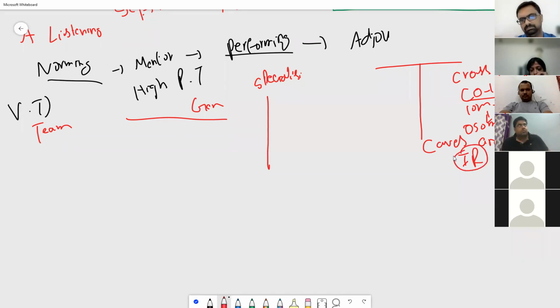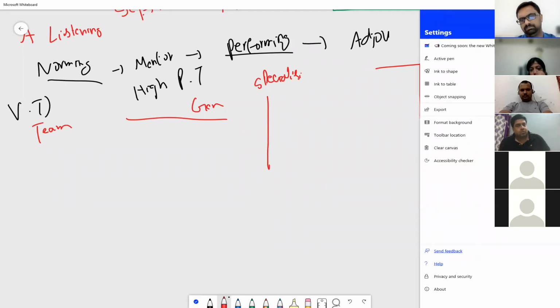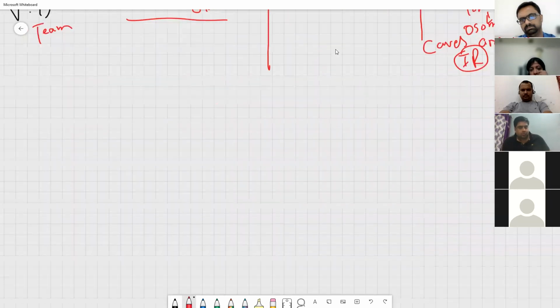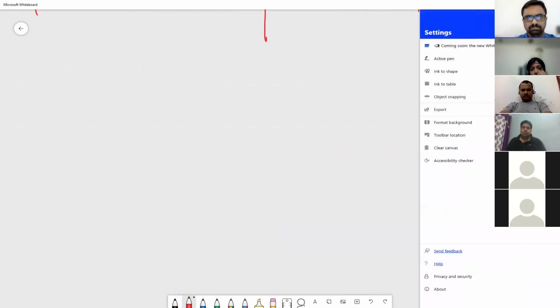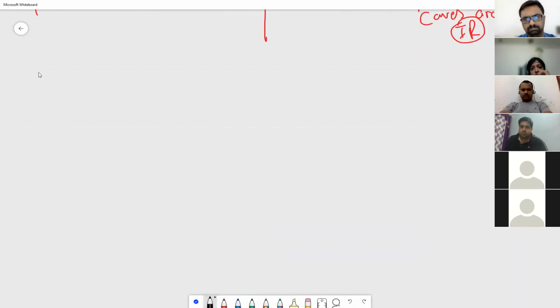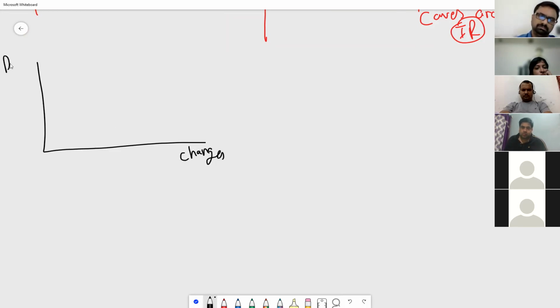Okay, so let's talk a little bit more about agile. Let's say you decided that you want to move toward agile, and your life cycle will be more agile. Before moving to that, how do you decide the life cycle? Life cycle is decided by the number of changes, how many changes you can have, and how many deliveries you have.